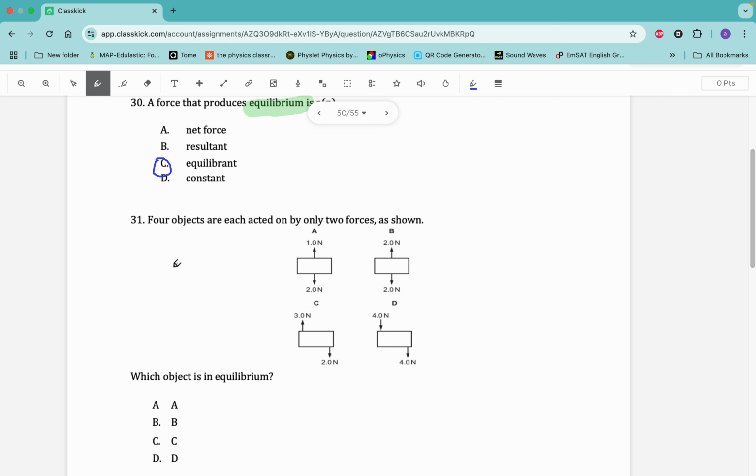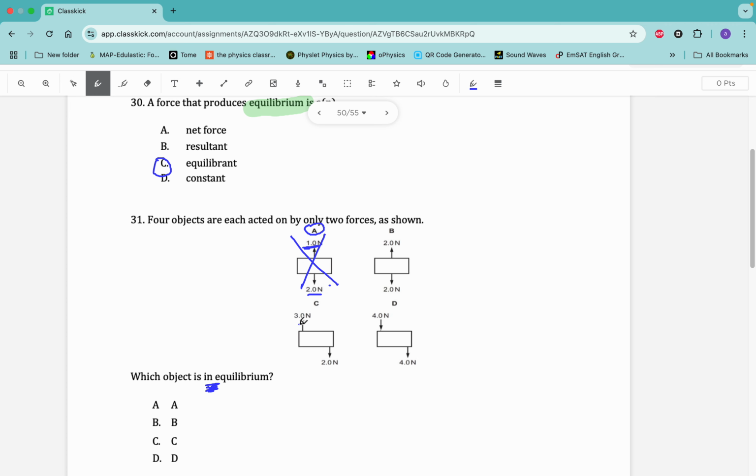Here, which one of these can show that the object is in equilibrium? Of course, going to part A, the upward force and downward force are not equal, so this is not correct.